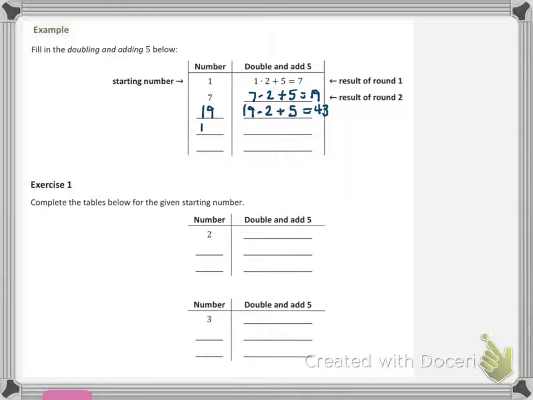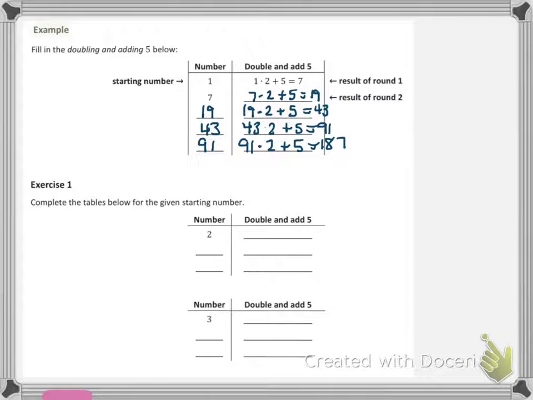And then that number is going to start our next round. So 43 times 2, that's 86, plus 5 is 91. And then that starts our last round, which is 91 times 2, 182, plus 5, 187.